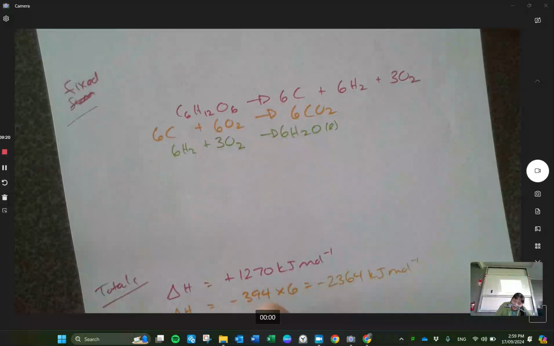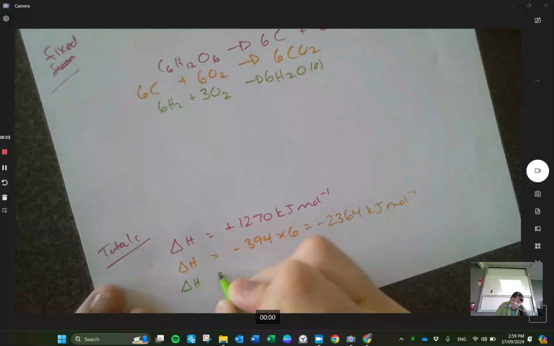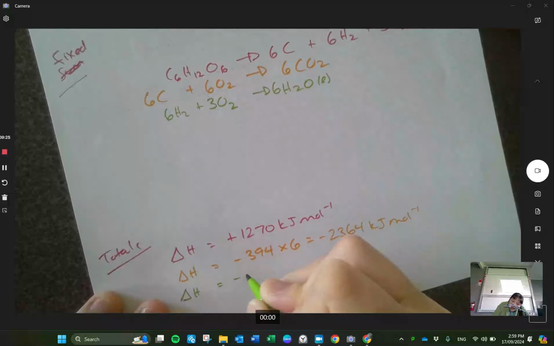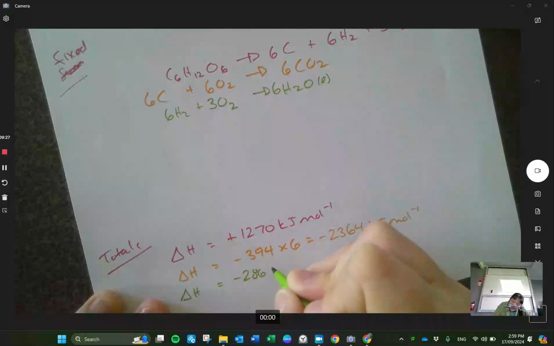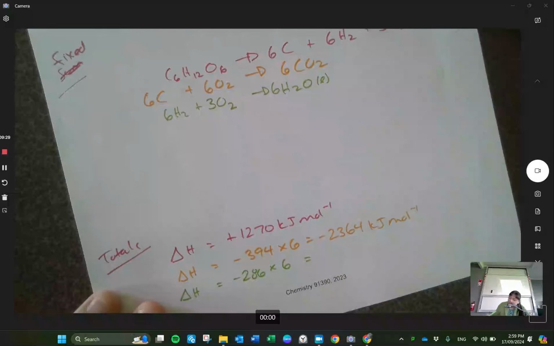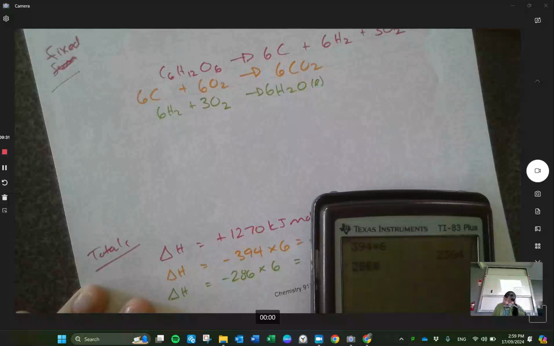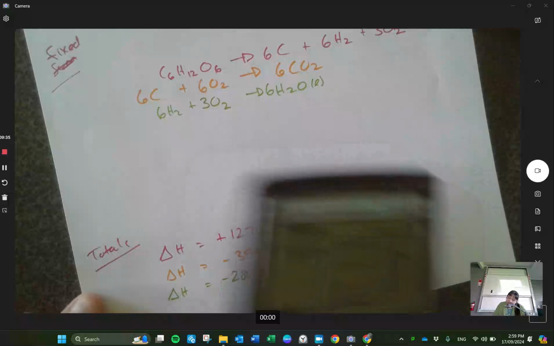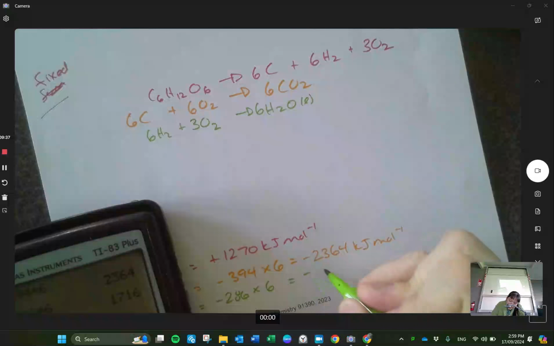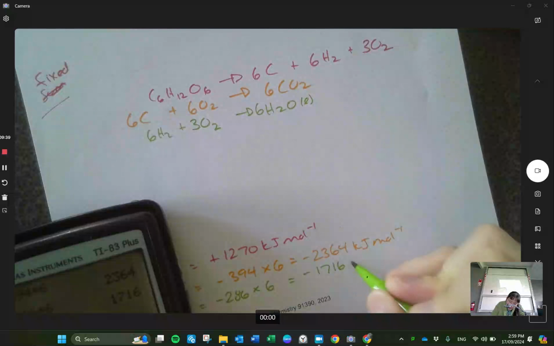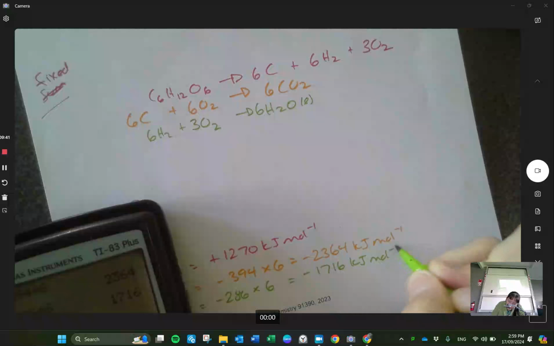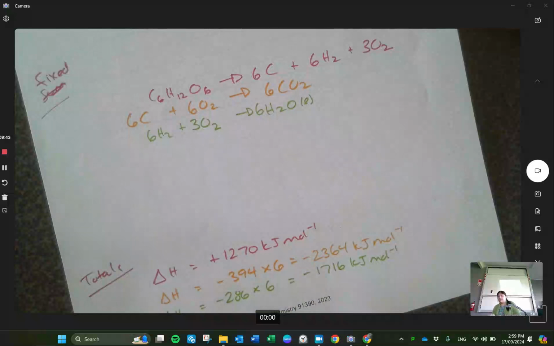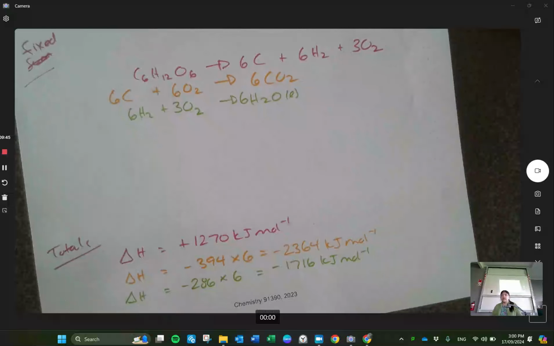So for my delta H calculations here, I would have negative 286 times 6. So you have negative 1761 kilojoules per mole. Well, I like to organize my things that way.